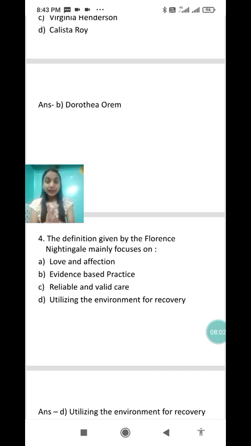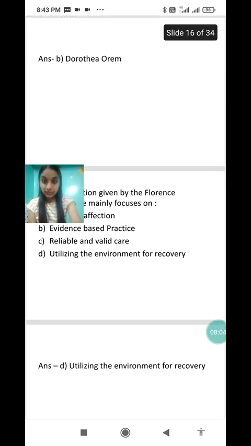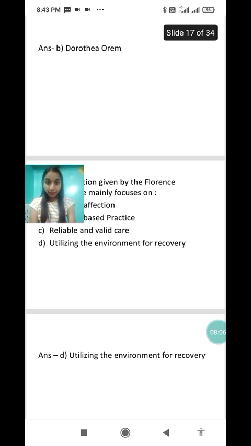Yes, so the right answer of this question is option D, utilizing the environment for recovery. Please remember, Nightingale has given environmental theory of nursing and she has mainly focused on the environment for the patient recovery.